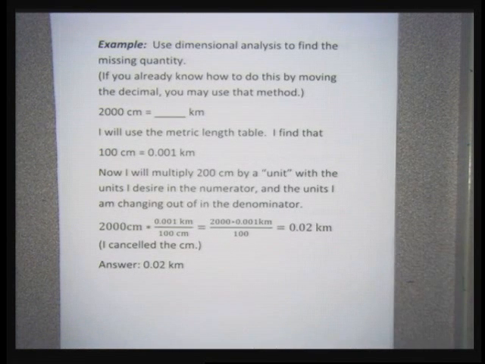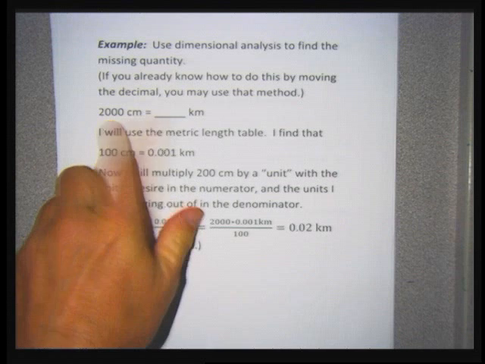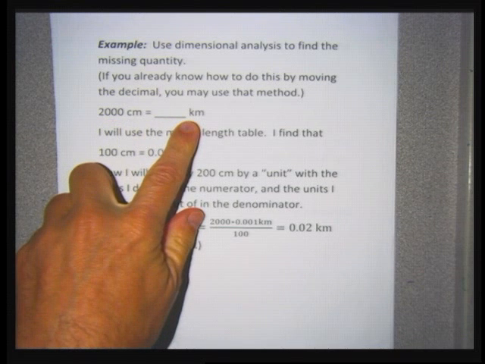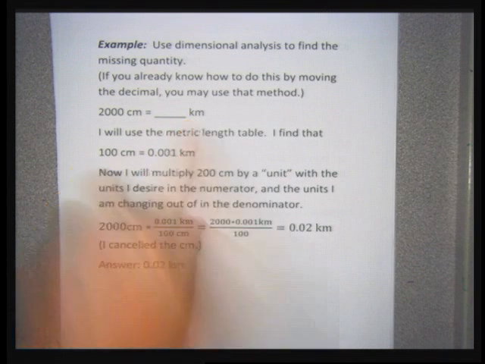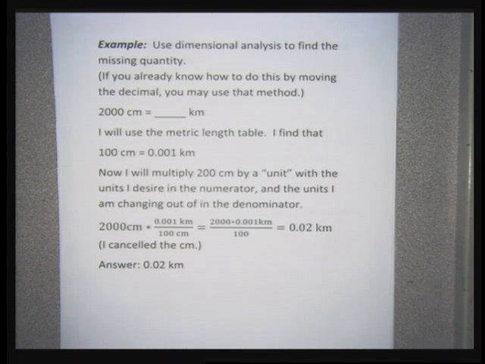All right, so first thing we want to do is convert 2,000 centimeters to kilometers, and I told myself I wasn't going to teach moving decimals, but I probably should, because that's within the metric system. If you grew up in a country that used the metric system, you just move decimals.